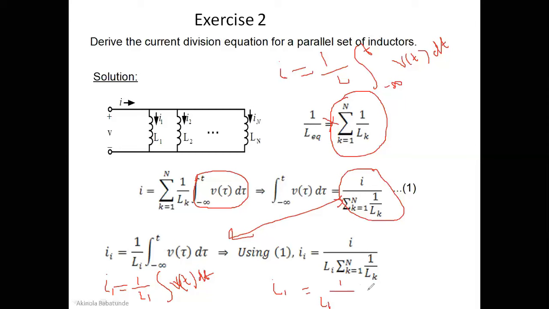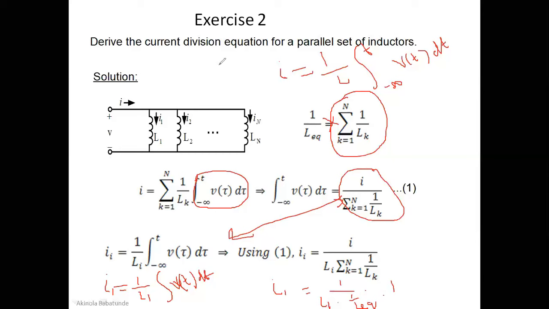This will be multiplied by 1 over, this entirely that you're looking at here will represent our L equivalent. Don't forget, this entire stuff we're looking at here will represent 1 over L equivalent. Everything you're looking at here means 1 over L equivalent. So if you multiply by 1 over L equivalent here, it simply means that you can take L equivalent off, isn't it?